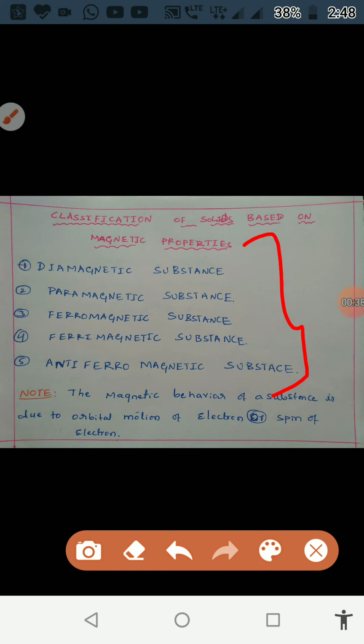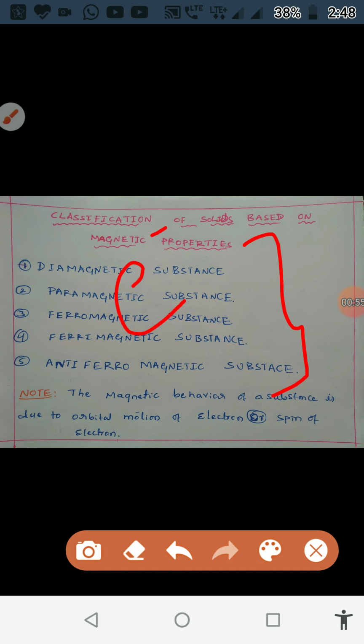A substance exhibits the magnetic property due to the motion of charged species. We know that any charged species, if it is in motion, experiences some magnetic field.